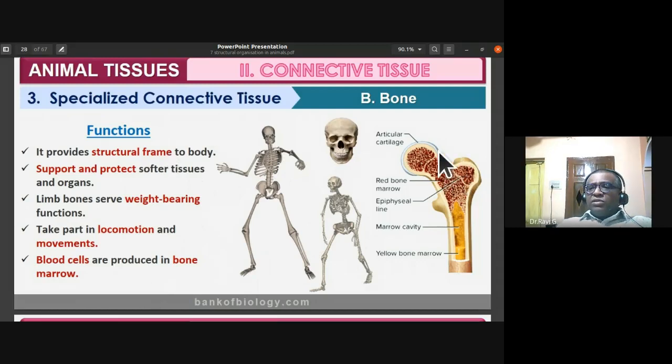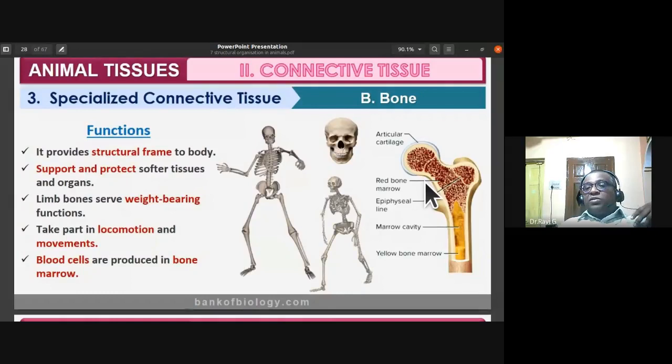So if you look at the diagram of a bone, this is the articular cartilage where they articulate with the other bone and help in the movement of the arms. You can see the movement of the arms, which is connected to the collar bones as well as the other bones. So they have the articular cartilage, which helps in the movement of the bone.